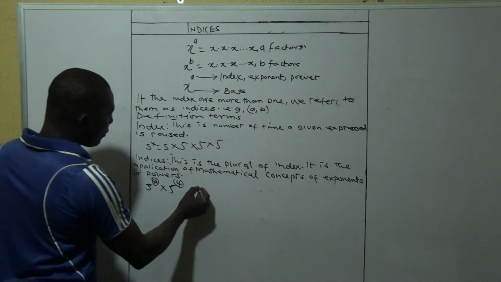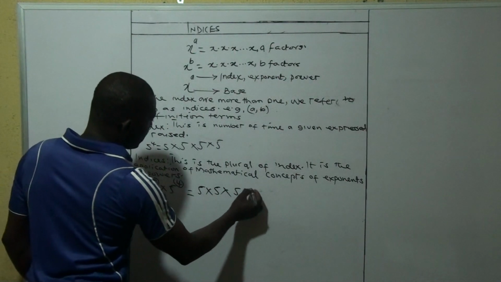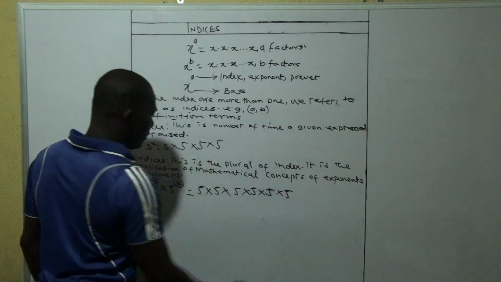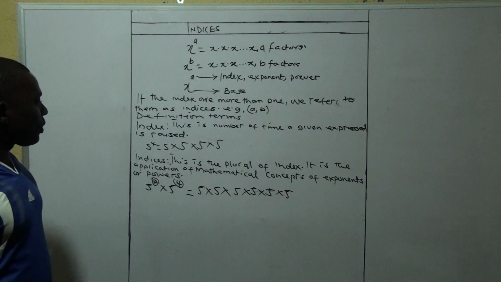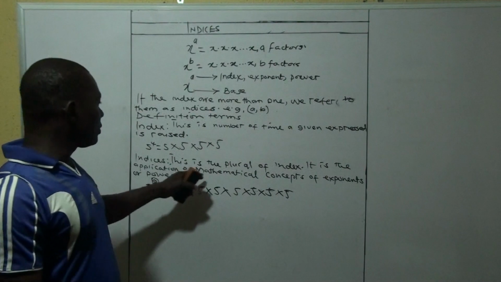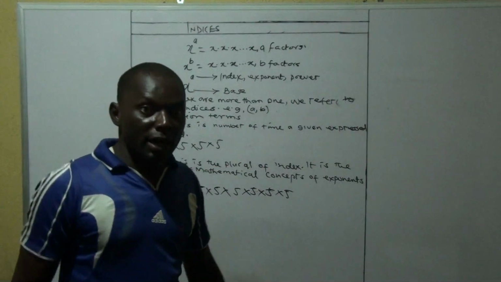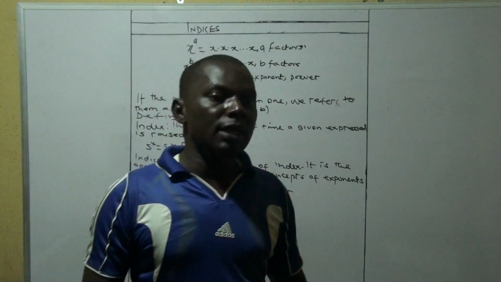So here it simply means 5 times 5, then times 5 times 5 times 5 times 5. So the basic application of the mathematical concept of exponent or power is known as what? Indices.